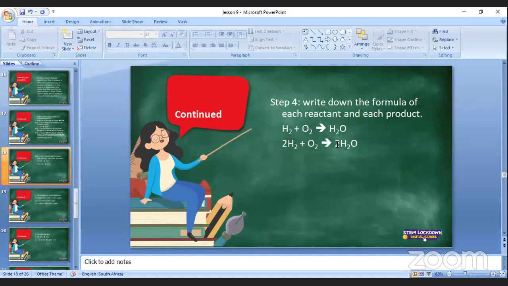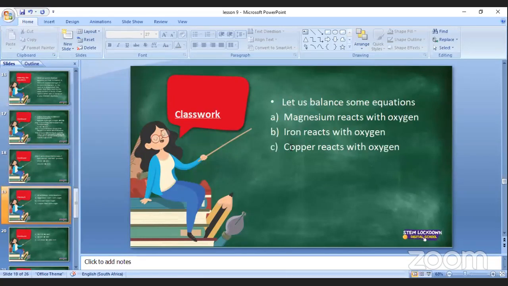That's why we put 2 here, to say we're now going to have 4 hydrogens and 2 oxygens. Go to the right. We've got 2, and now our oxygens are balancing, but our hydrogens are not balancing. We're going to be short of 2, so we put that coefficient 2 there, and then we are good to go. Our equation is balanced. Let us balance some equations together, grade 9s.